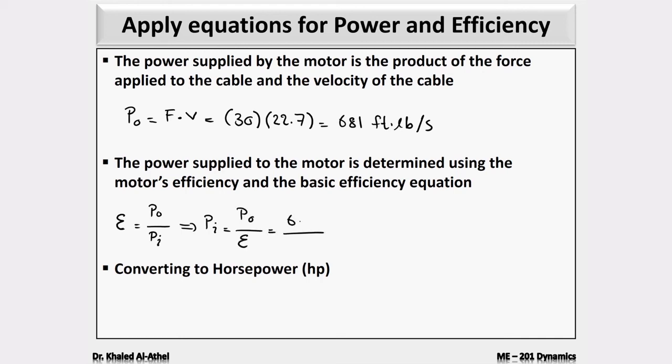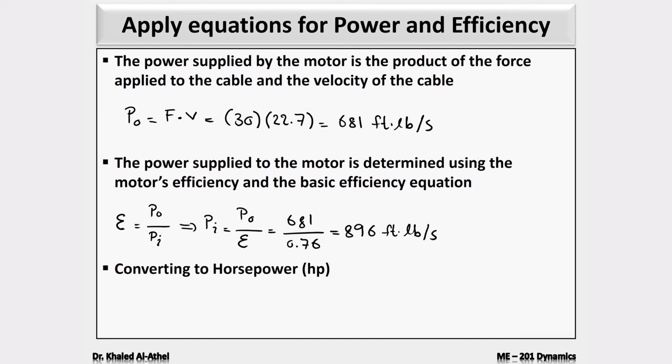This should equal 681 over 0.76, and this will give you an input power of 896 foot-pound per second.